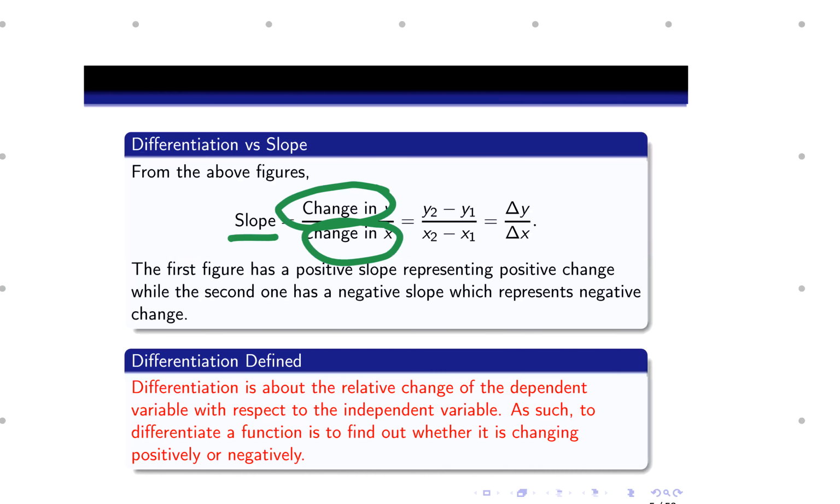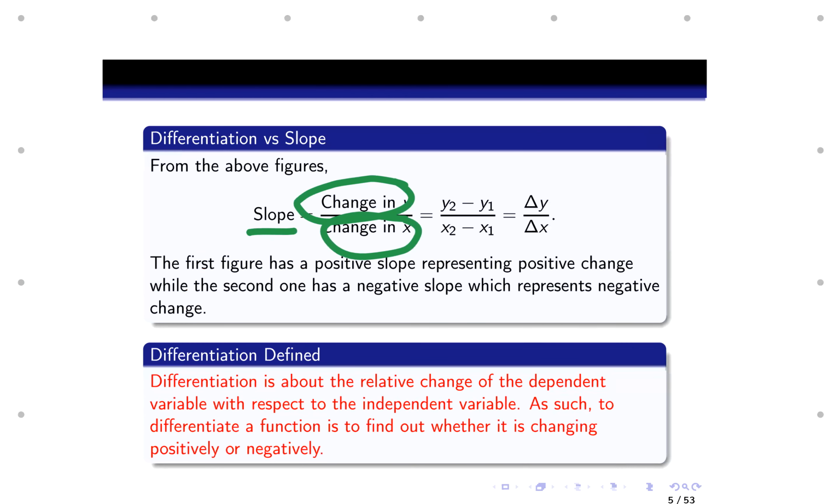Change in y means y2 minus y1, over x2 minus x1, which is change in x. And in summary, you can write it as delta y over delta x.